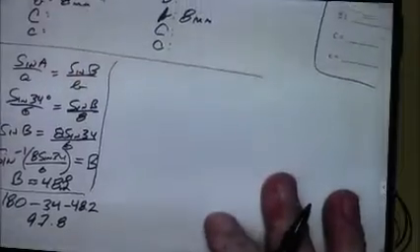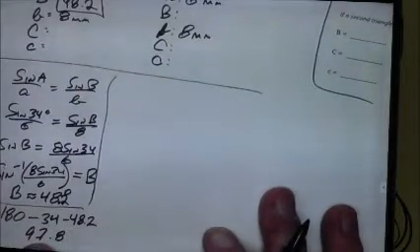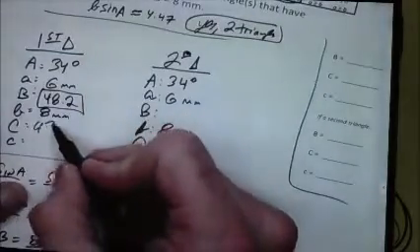And that's the other angle in the triangle. This is A, this is B, the other angle is C. So that means C is equal to 97.8.